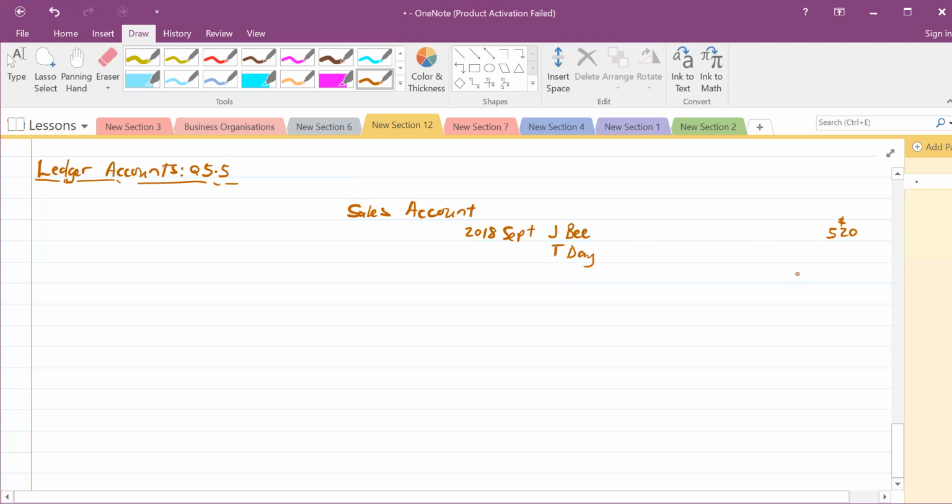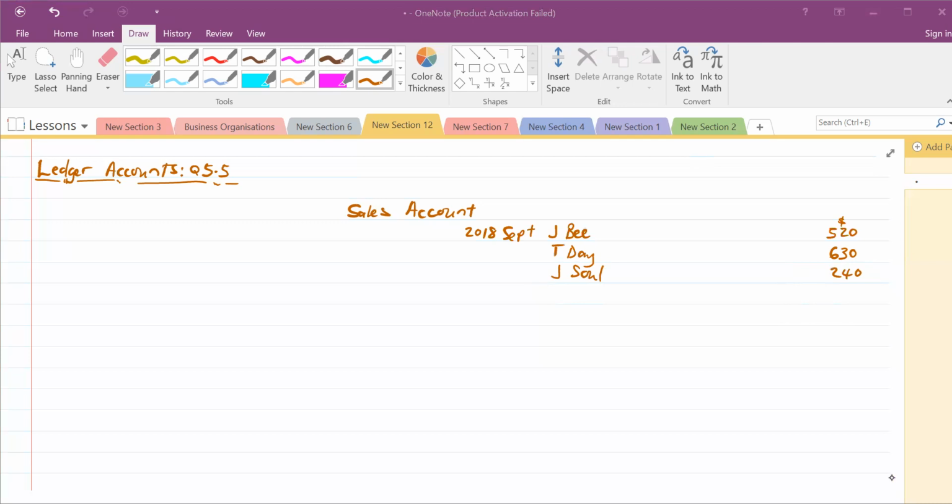We have 630. They are using pounds, but I'm going to be using dollars. JSOL 214. Right, we've entered these ones.